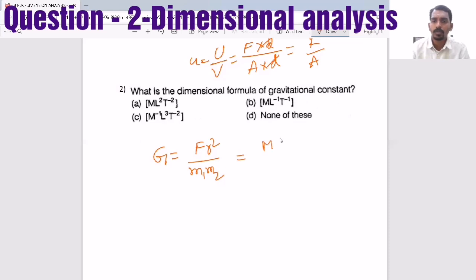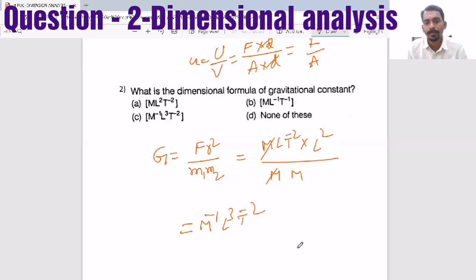Now F means force, already there in the list which I gave, first 9 quantities. r square means L square, m1 m2 mass, M M only, M cancel. So this M goes up, M power minus 1, L square, L cube, T power minus 2.